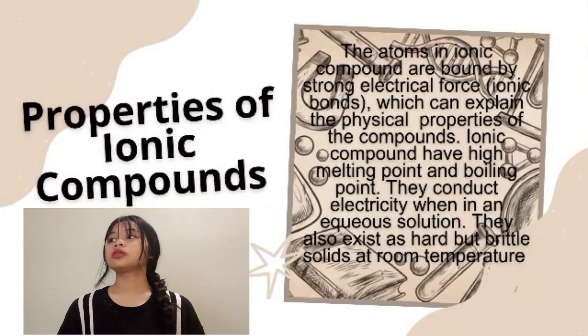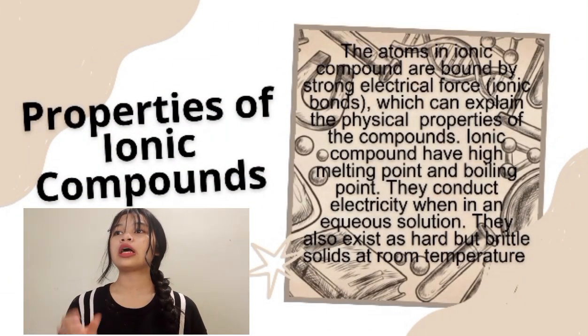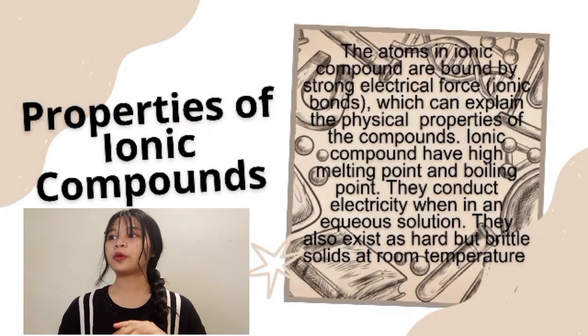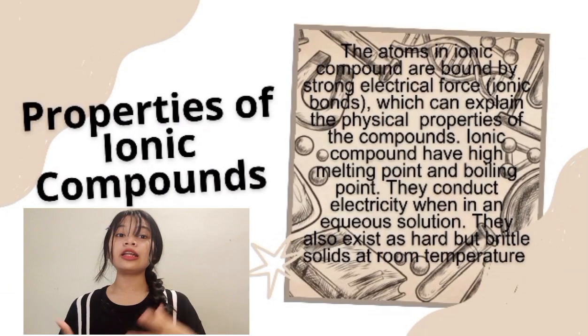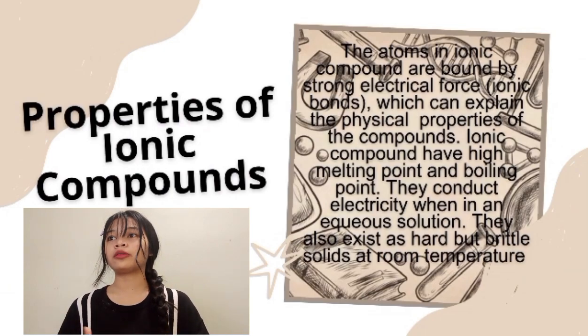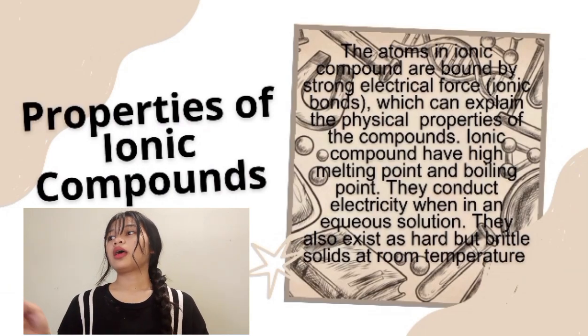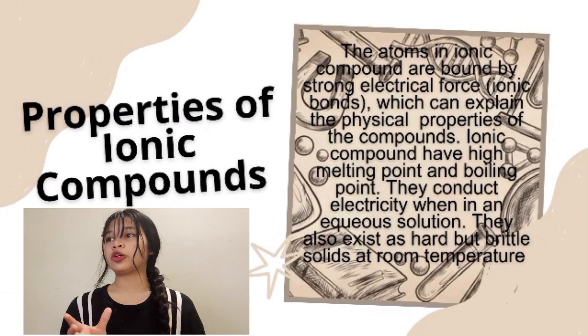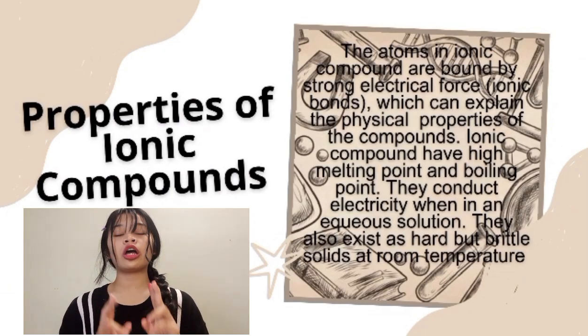In figure 8.5, two atoms of potassium and one atom of sulfur are required to produce potassium sulfide. This is another figure of an ionic compound. Each potassium atom gives one electron. So if you have two potassium atoms, that is two electrons in total.